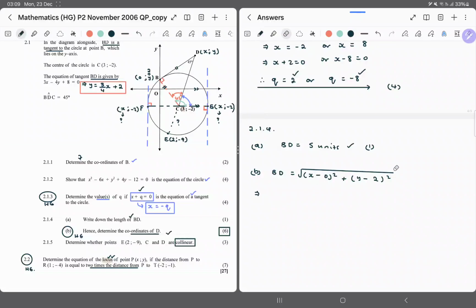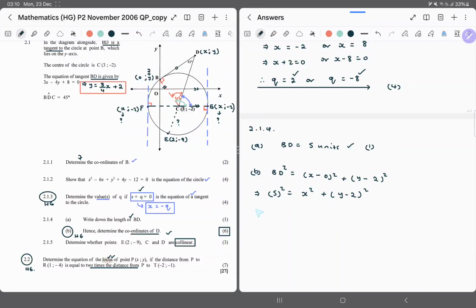Let's forget this business. Sometimes to go around the bush is a waste of time. We can just write BD squared. So this is 5 squared equals x squared plus y minus 2 all squared.